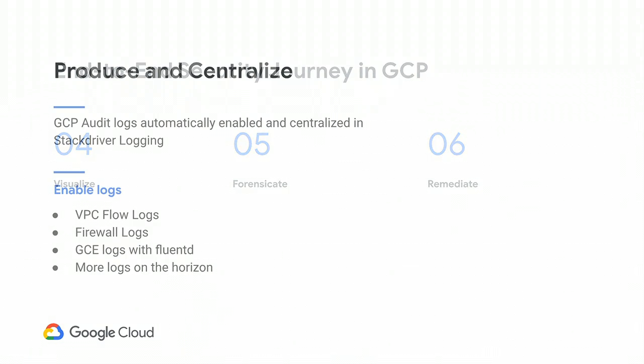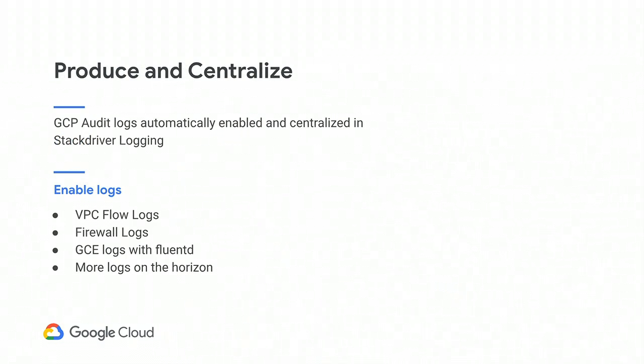And so what does this look like? On the produce and centralize side, the first rule of Security Logs Club is centralize your logs. You're not going to be able to do what you want to do unless you have everything in one place. That's just how it is. You can't correlate, you can't see the connections, you can't get that same visibility unless you're centralizing your logs. So, in GCP, all of our services, by default, and you can't turn it off, produce your Cloud Audit Logs.